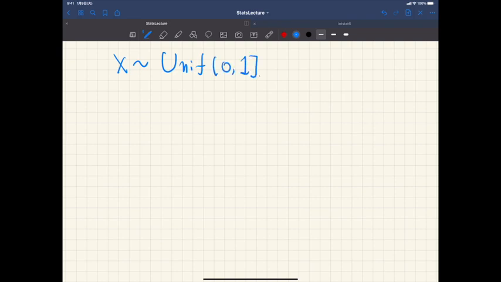In that case, the density function is 1 over 1 minus 0, so that's just 1, as long as x is in this interval. Otherwise, the density is 0. Okay, very easy.